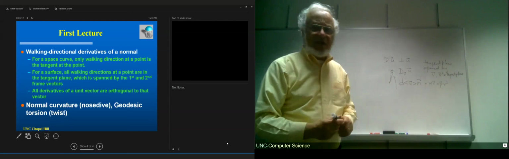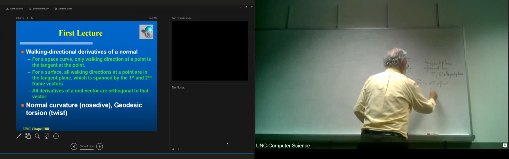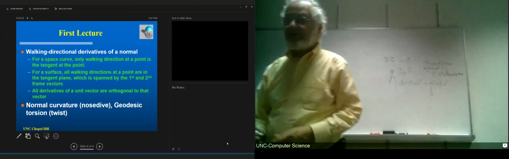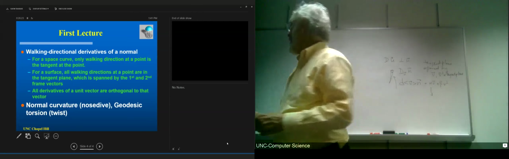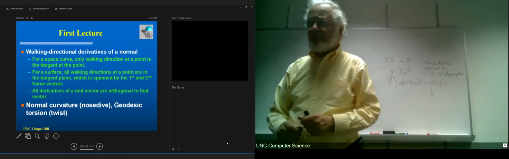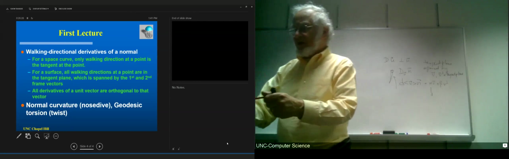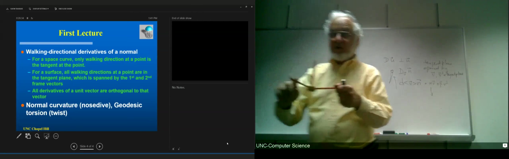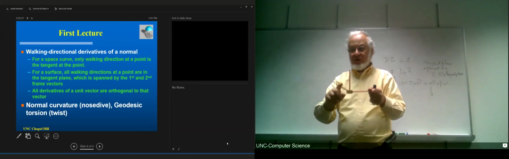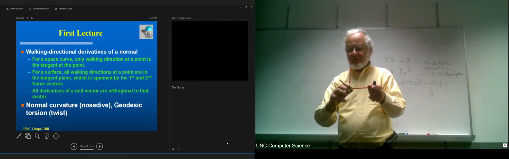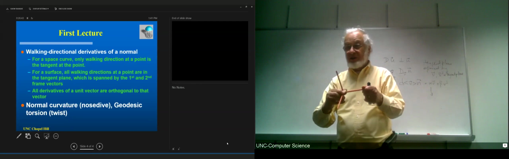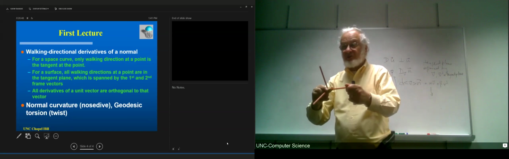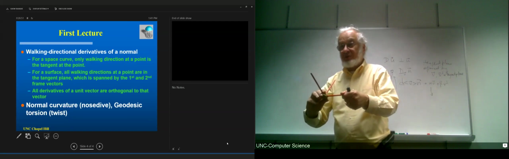Okay, so these guys get a special name. This one gets the name the normal curvature. You see that on the slide. And it's simply the nosedive. That is to say, if you had pure walking, if this was my walking direction here, and I had a pure nosedive situation, so it swung entirely in this direction, you'd see how this vector swings into the walking direction, or possibly in this walking direction.